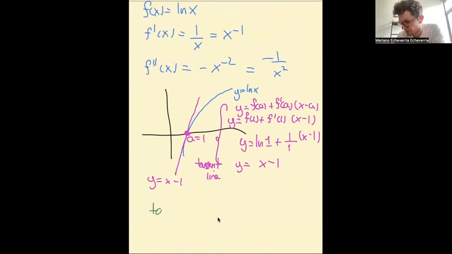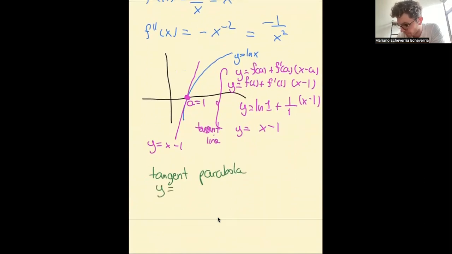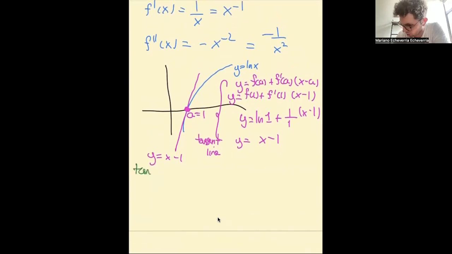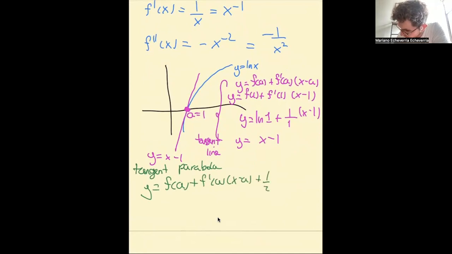And for the tangent parabola, it would be y equals f of a plus f prime of a times x minus a plus 1/2 f double prime of a times x minus a squared. Okay.